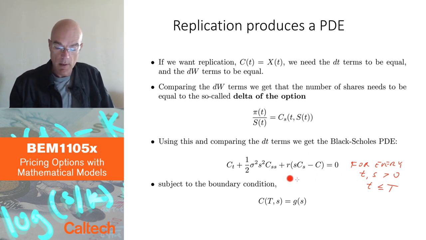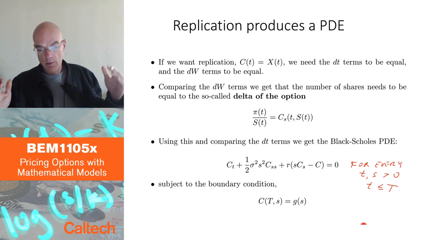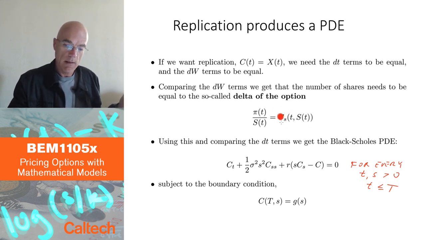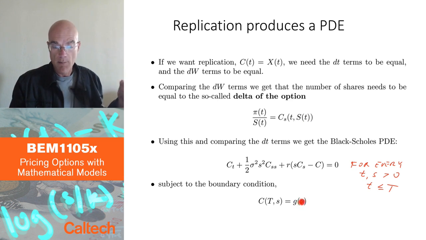Okay, so if our conjecture is correct, that we can in fact replicate C of t, S of t for some function c, and that function ends up paying exactly how much the claim pays, no matter what the stock price is.